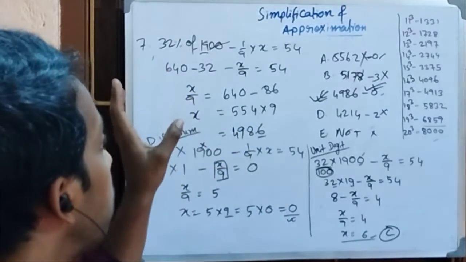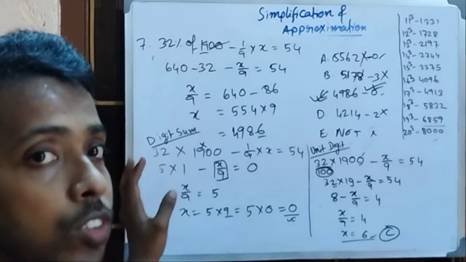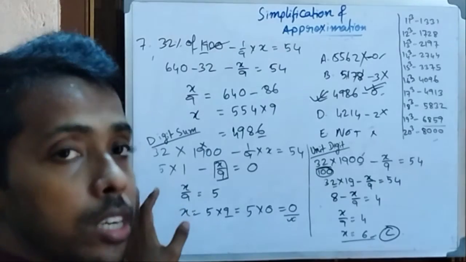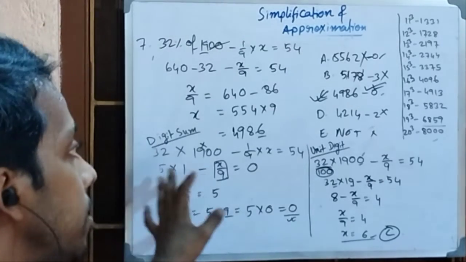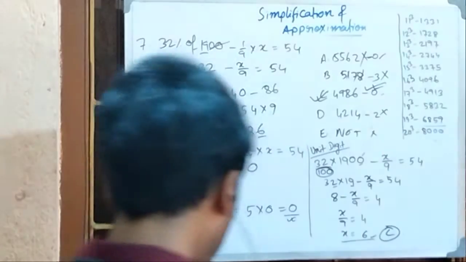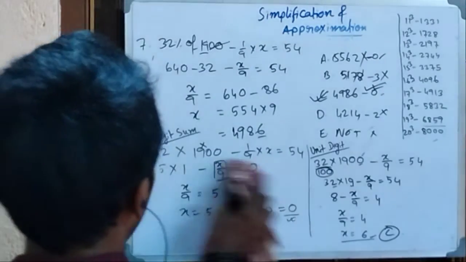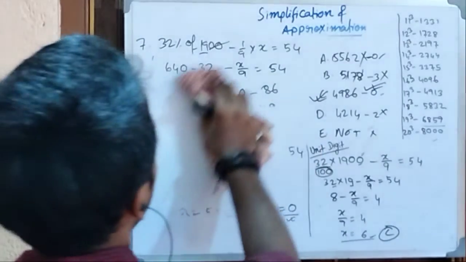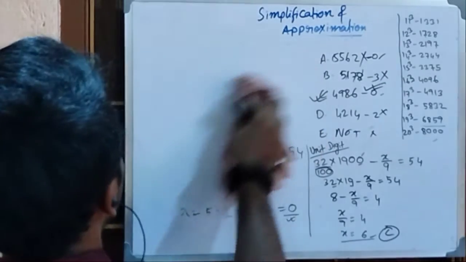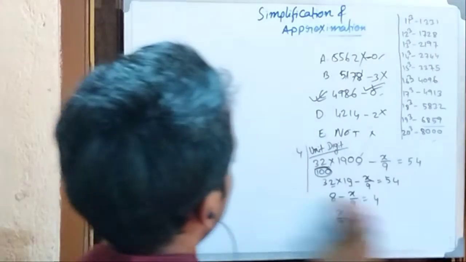So what would be the situation you can handle to solve it within 20-30 seconds? Then the digit sum and unit digit method would work perfectly fine. Okay. So moving to the next one, and give an answer very quickly so that I can understand that you apply the digit sum and unit digit method here.